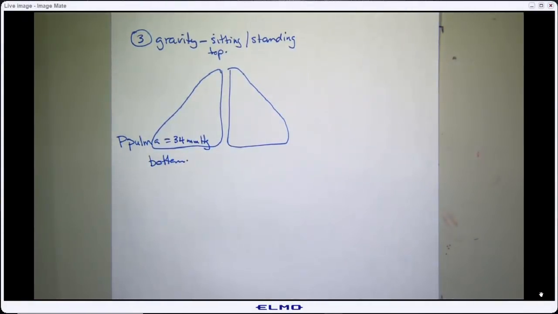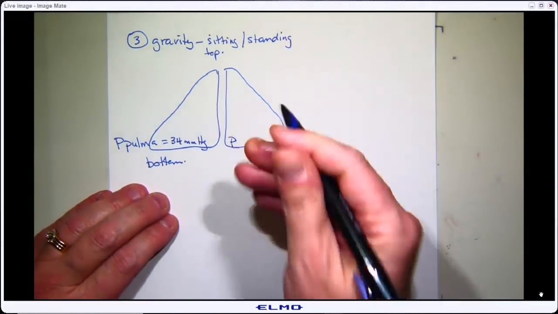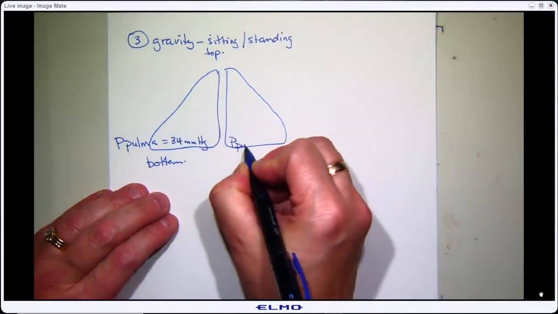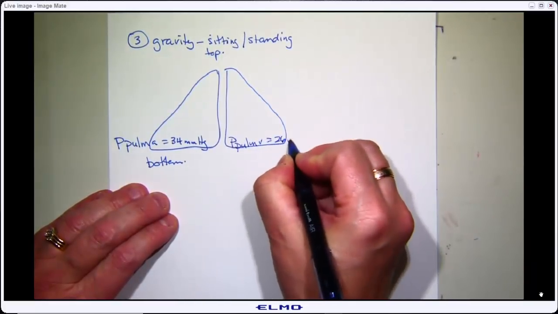But we also pull equally blood down on the vein side, right? We don't just pull blood down on the artery side. Blood is going to be pulled down in both the arteries and the veins equally. So our pressure in our pulmonary veins will also go up, about 26 millimeters of mercury.